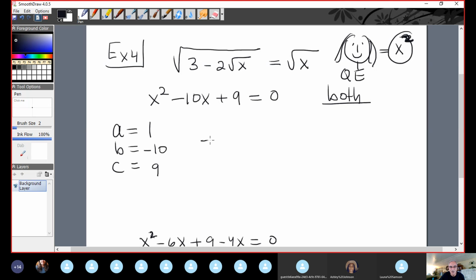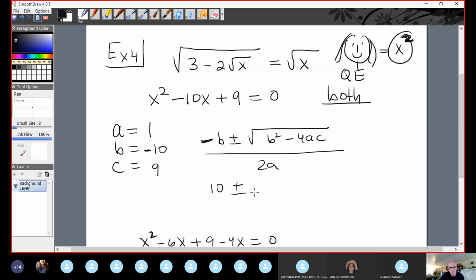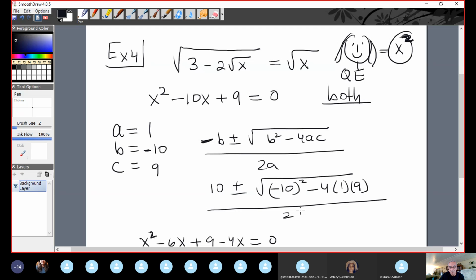I copy my formula, my famous formula. Substitution, again, double minus frequently happens. Square root of -10 squared, B is -10, minus 4 times 1 times 9, divided by 2 times 1, because A is 1.